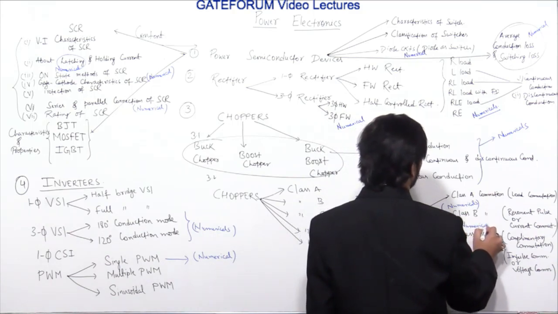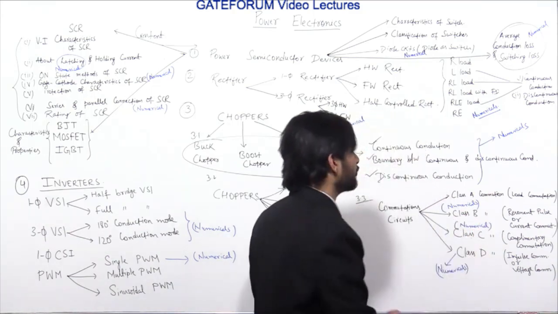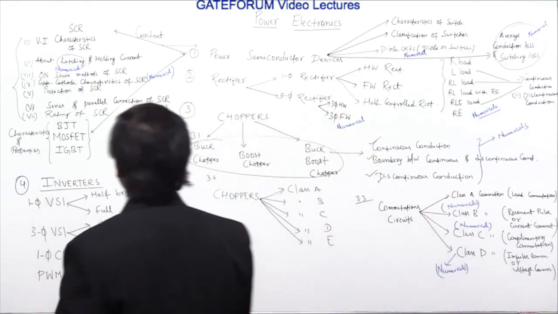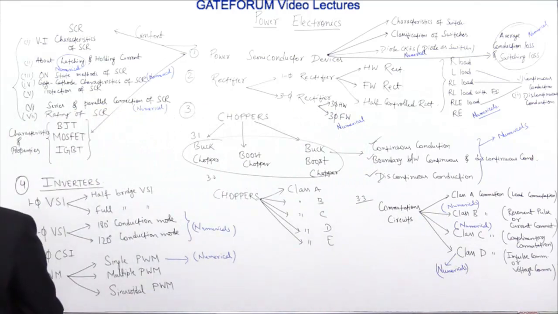So we'll discuss one or two numericals from here also, but we'll solve many numericals from class D and class B. So this was 4.1, 4.2, and this is 4.3, CSI, this is 4.4.